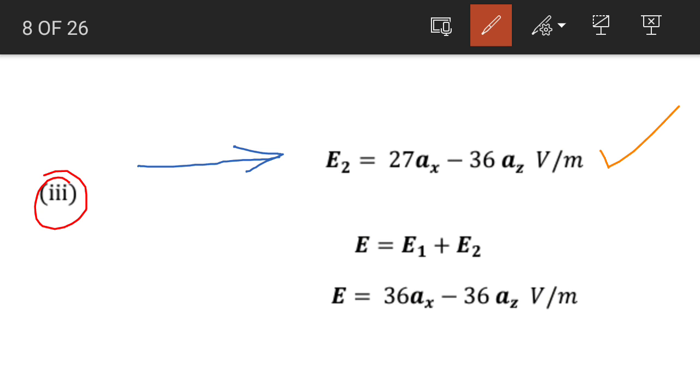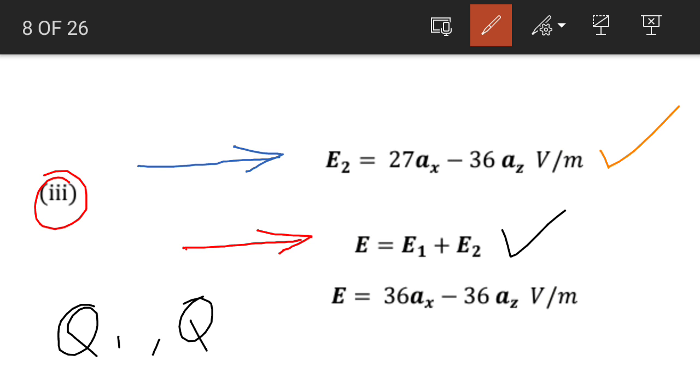Finally, we do the third part of this question. We calculate the total intensity at the mentioned point due to Q1 and Q2 simultaneously. So we take the vector sum of E1 and E2, which will be the total intensity at the mentioned point, caused by Q1 and Q2 simultaneously.